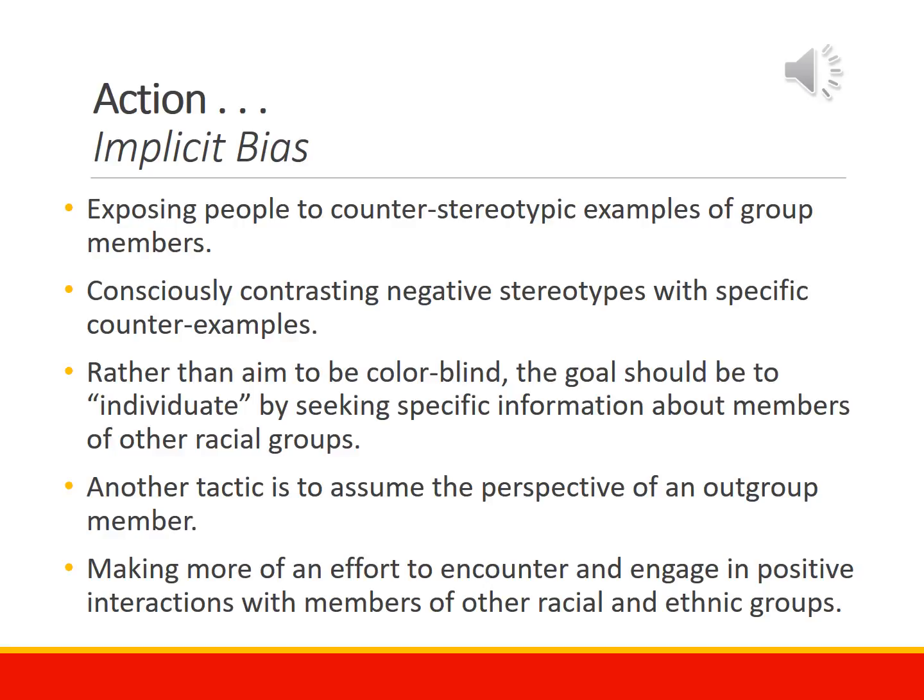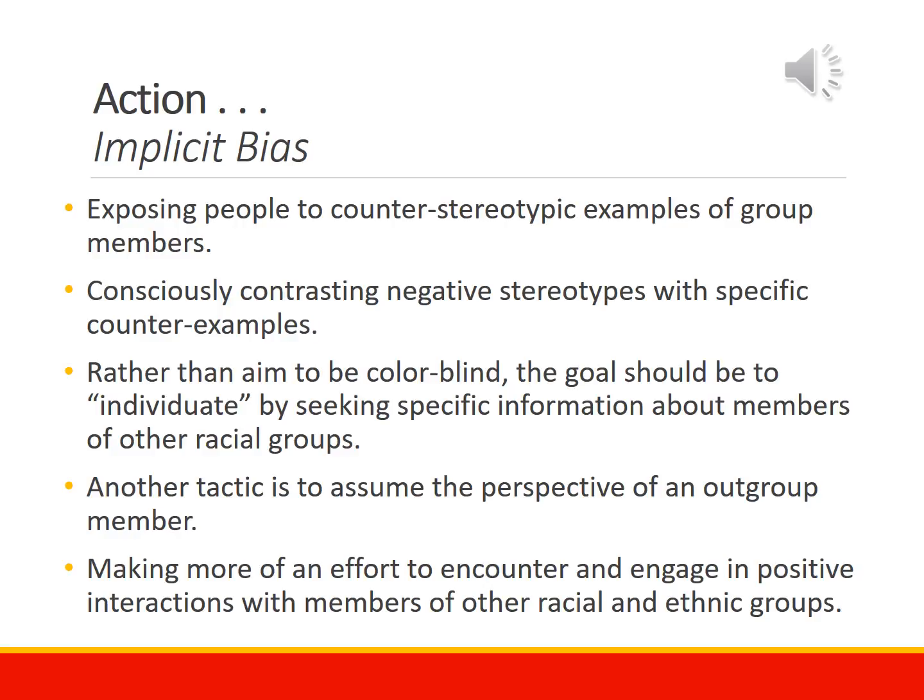Consciously contrasting negative stereotypes with specific counterexamples. So for example, suppose you hear or think of a negative stereotype about African Americans. You can compare that stereotype to what you know about a friend or a famous person such as Oprah Winfrey or President Obama. Rather than aim to be colorblind, the goal should be to individuate, which means to think of somebody as a person.